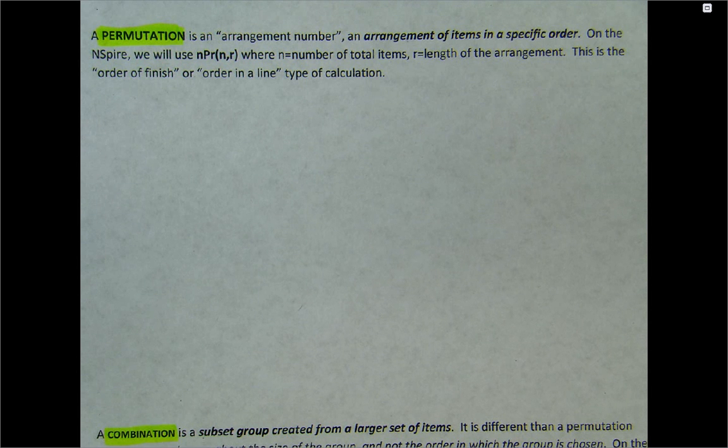Here's an example. You go with 5 friends to a movie, and none of you have tickets, so each of you has to buy a ticket. A permutation is going to count the number of ways that your group can actually buy the tickets.